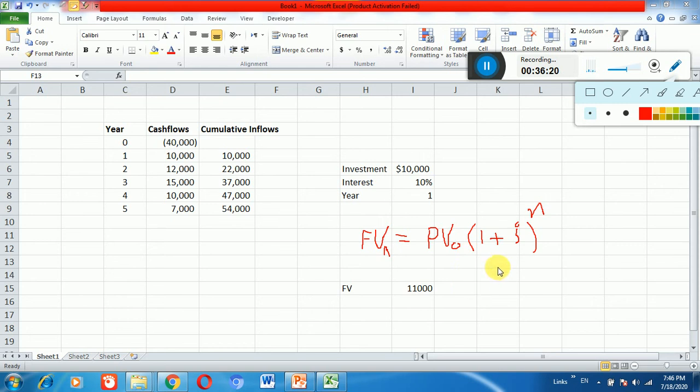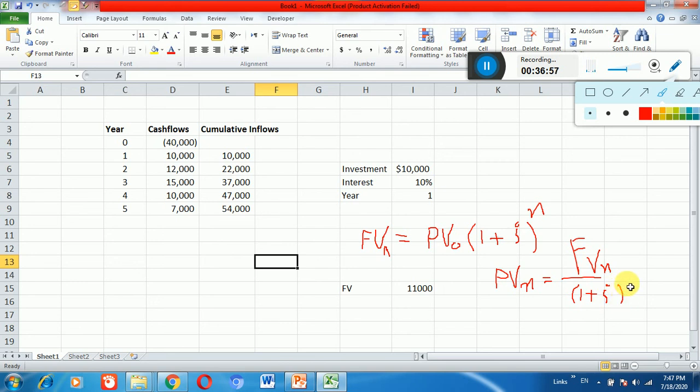The formula for the present value for n years is equal to the future value for n years divided by 1 plus i, raised to the power n.